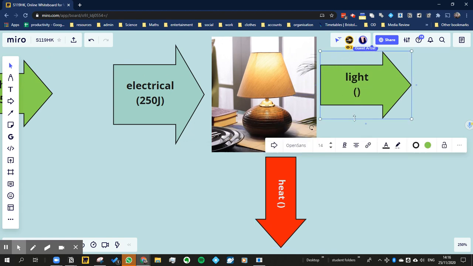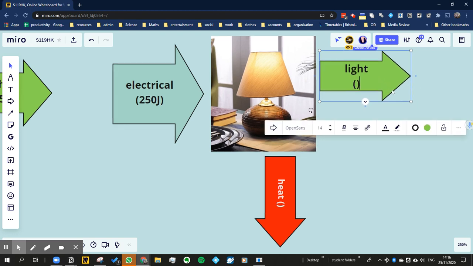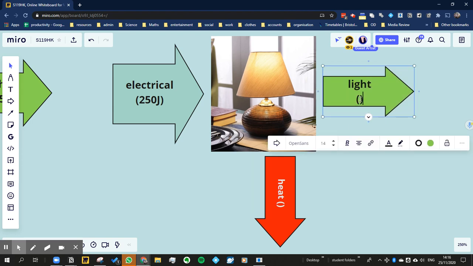So we're going to make this a bit thinner. And it looks like it's about 50-50. So if it's 50-50, how much light energy would be produced if it's split halfway down, right down the middle?